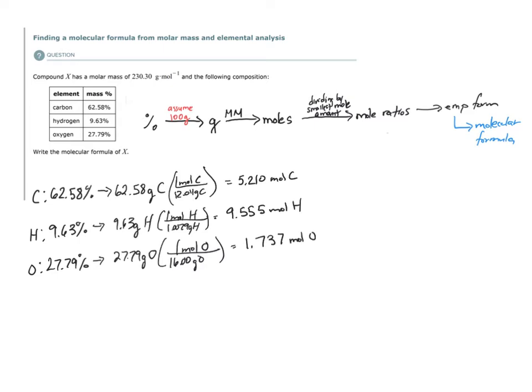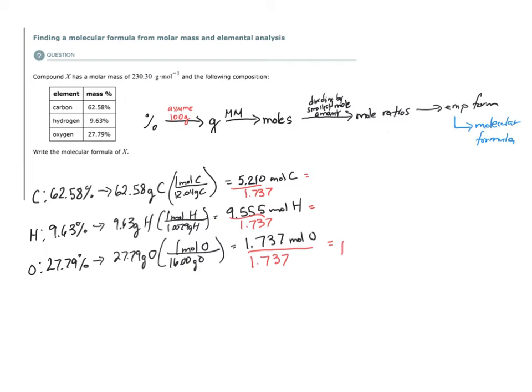Now, I find the smallest mole amount between these three. Oxygen is present in the smallest mole amount, so I divide all of the mole amounts by the smallest. This will give me a mole ratio of 1 for oxygen. The mole ratios for all the other elements should be greater than or equal to 1, since oxygen is present in the least amount.